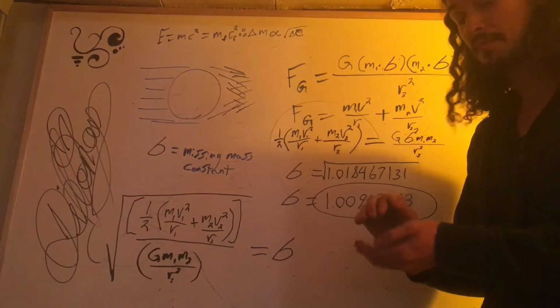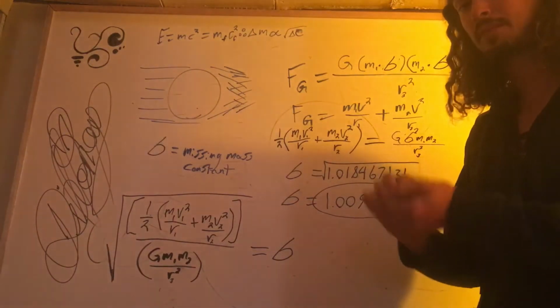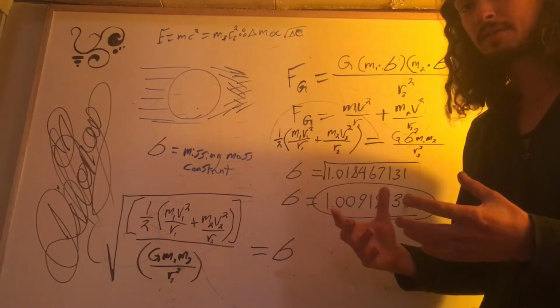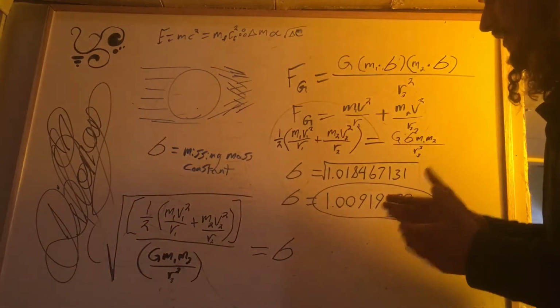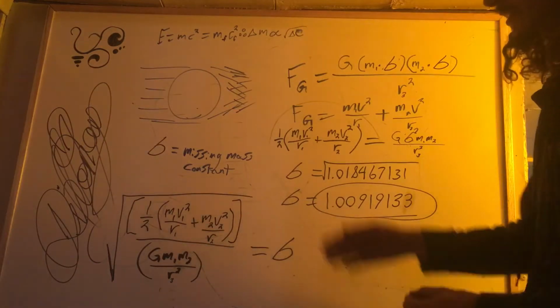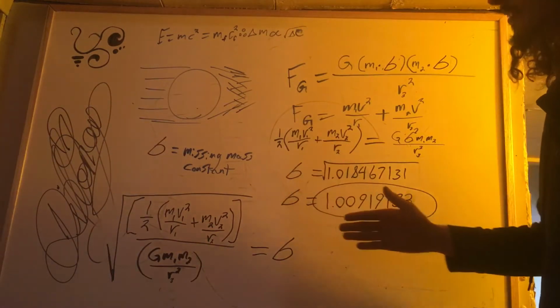So now it's not just the mass of the planet, it's the mass of the planet plus the additional mass from all the photons. So this would be the constant that you use. So I call it the missing mass constant.